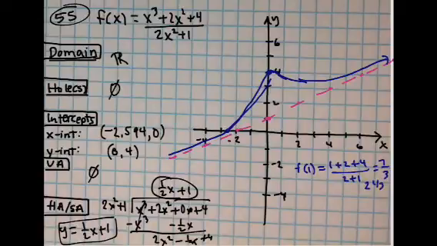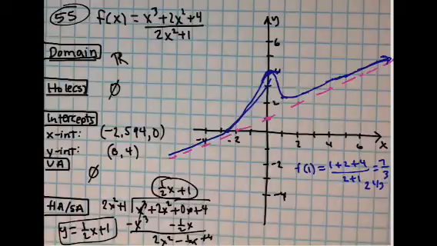So 2 1/3, yeah, I should have made it a little bit steeper, so let me go ahead and fix that right now. So 2 1/3 is about here. So it goes something like this, and it gets closer and closer to the asymptote.